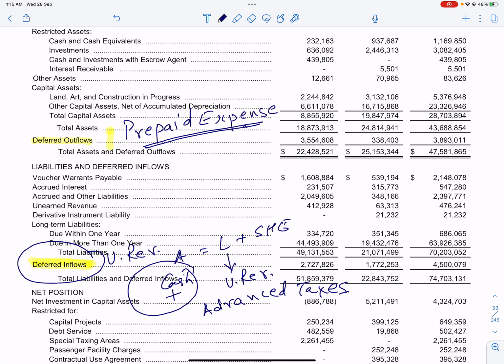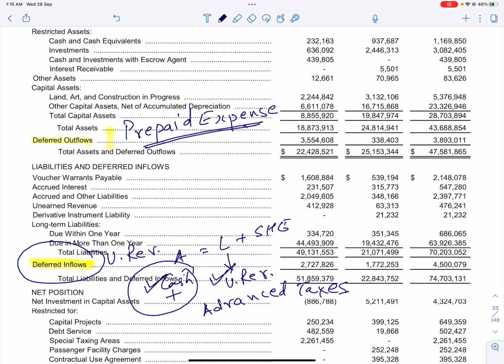If money is received in advance, then the business has created a liability and the journal entry would be cash debit and unearned revenue credit. Now this is in the case of a business. Unearned revenue is a liability as the business has received cash in advance before the goods or services are delivered.